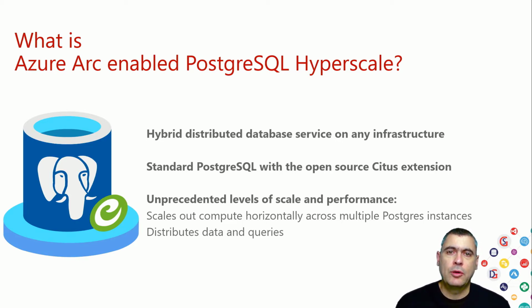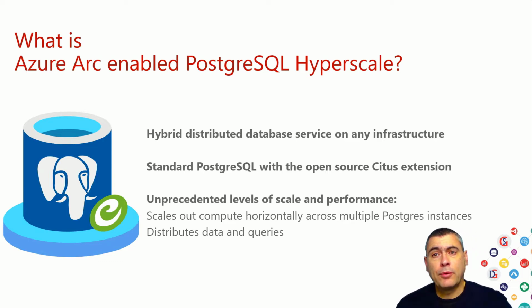Citus extension is an open source extension to Postgres that brings the hyperscale capability to this engine. By doing this, it brings to Postgres unprecedented level of scales and performances. It achieves this scale and performance level by doing two things. One, it scales out the database engine horizontally. And number two, it distributes the data and your query.